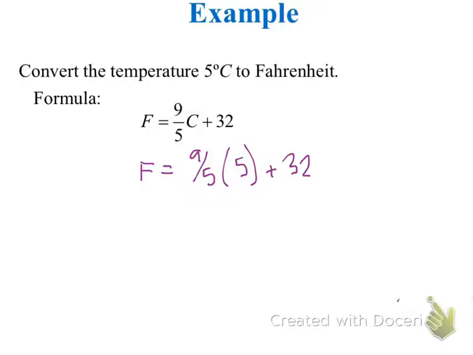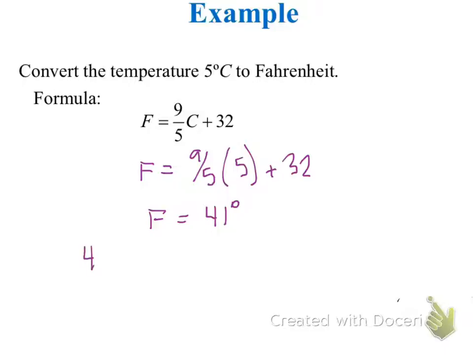Alpha y equals, type in my fraction, 9/5 times 5. That gives me 9 plus 32 is 41. So Fahrenheit equals 41 degrees.